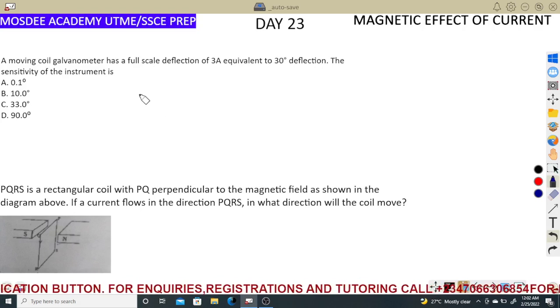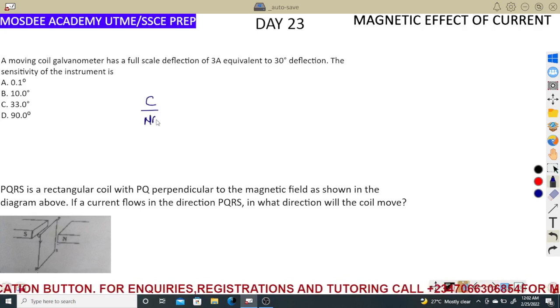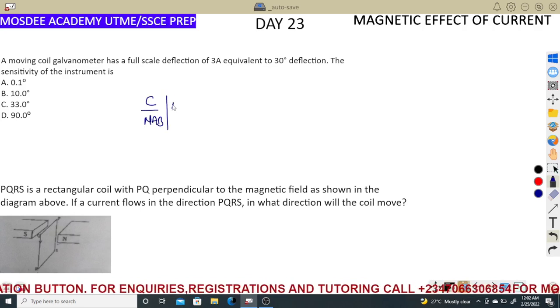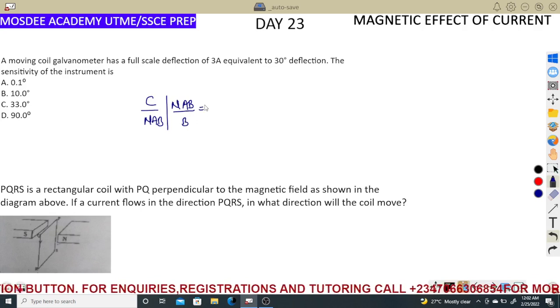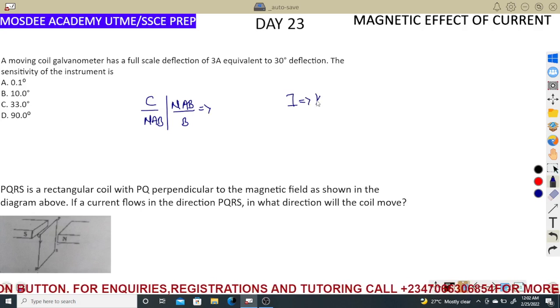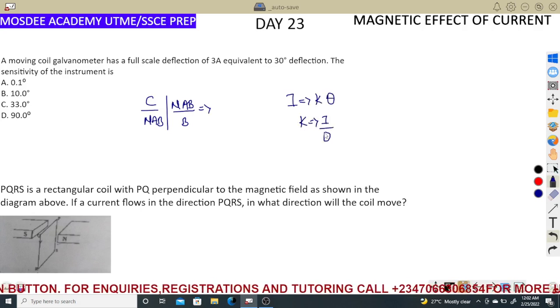I've taken the sensitivity of the galvanometer. I said it is generally C over NAB, or it can also be NAB over C, depending on what the examiner wants. If it is C over NAB, we say I equals K theta, where K is sensitivity, so K is I over theta.